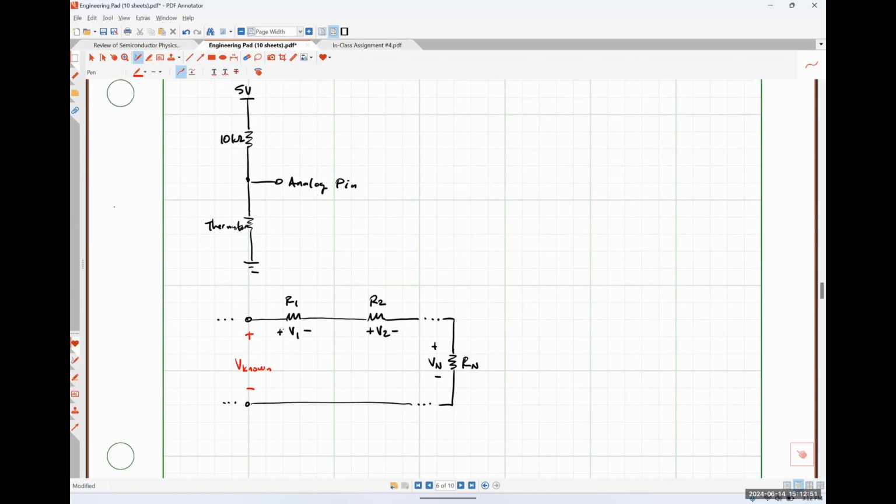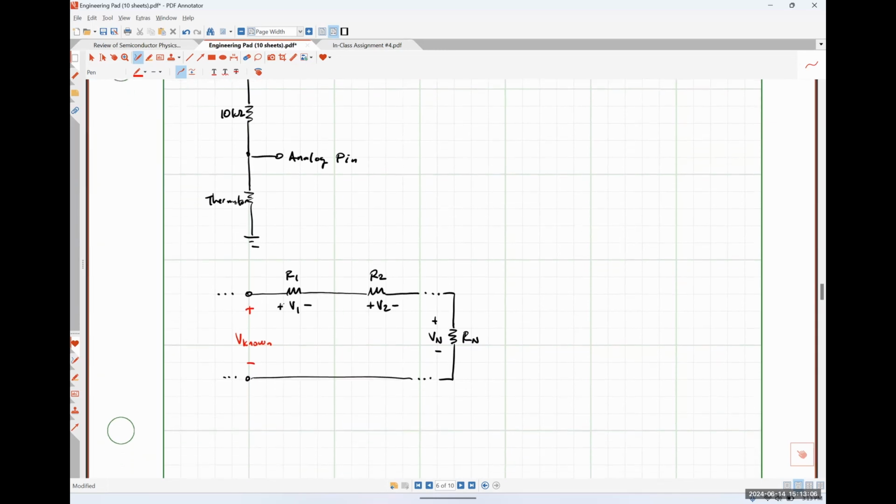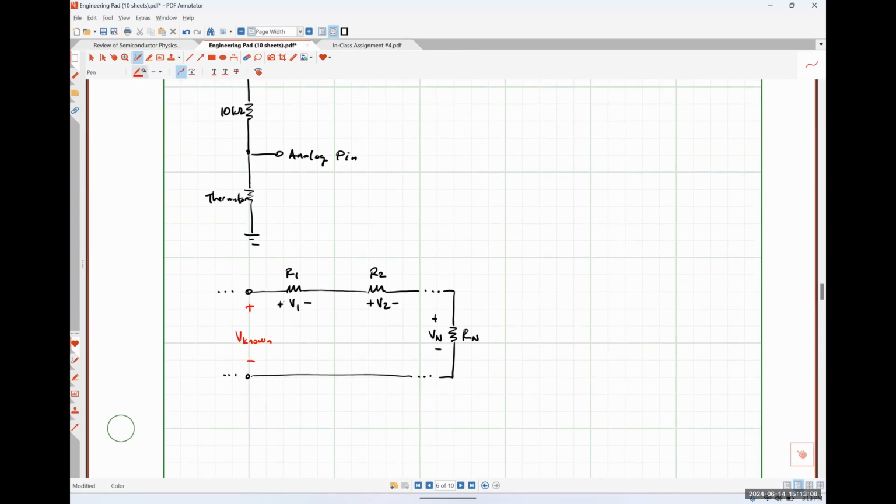So in this thing up here, the known voltage drop would have been 5 volts, because there's a total potential difference of 5 volts across the 10 kilo ohm resistor in series with whatever resistance the thermistor currently has. Okay. Now we are going to make an assumption here, but it's not really much of an assumption.